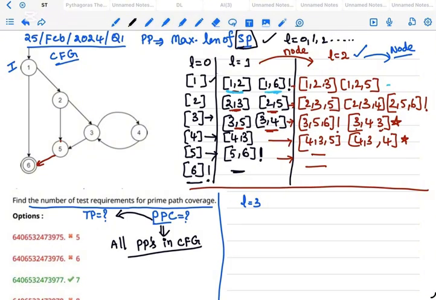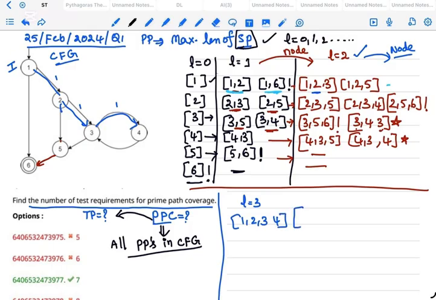Okay. First we will extend 1 2 3. Is it possible to extend to the next node? 1 2 3, then 3 to 4, right? The length becomes 3. Is 3 to 4 possible?